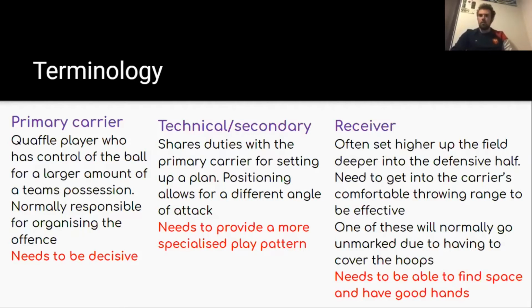So while you can say, yeah, I'm a primary carrier, you still need the skills of a technical secondary and a receiver as well. The more well-rounded you are, the more you can adapt to certain positions on pitch. If you're just saying, my only use is throwing the ball as a carrier, and you suddenly find yourself not doing that on pitch, you don't want to be useless. You still need at least one other weapon in your arsenal when you're attacking.